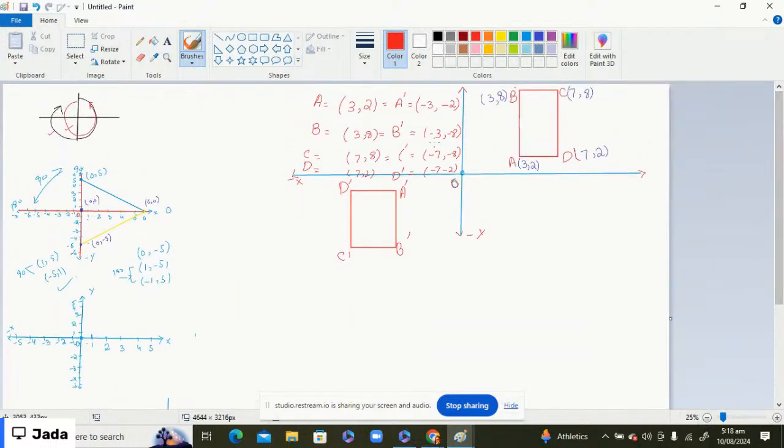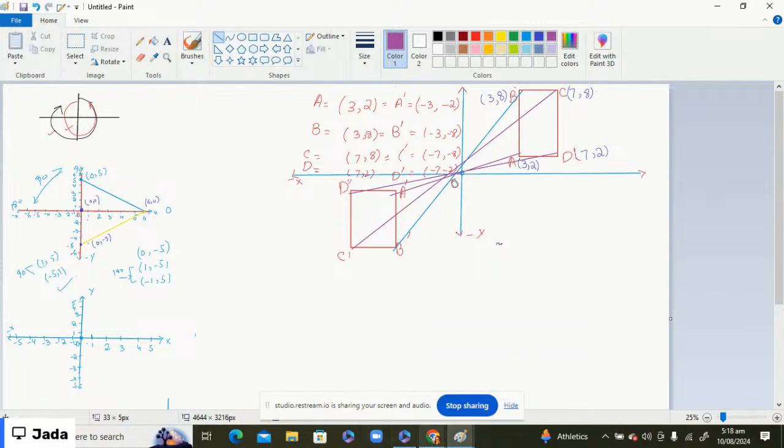Look at here the full form. A B can be changed into here, then A C can be changed into here, D can be changed into here, A can be changed into here. These are the points we shifted after the transformation of 180 degrees. Understand or not? This is the transformation of 180 degrees.